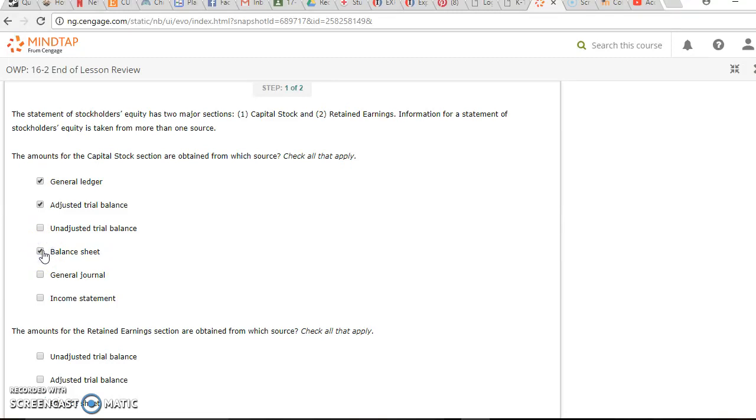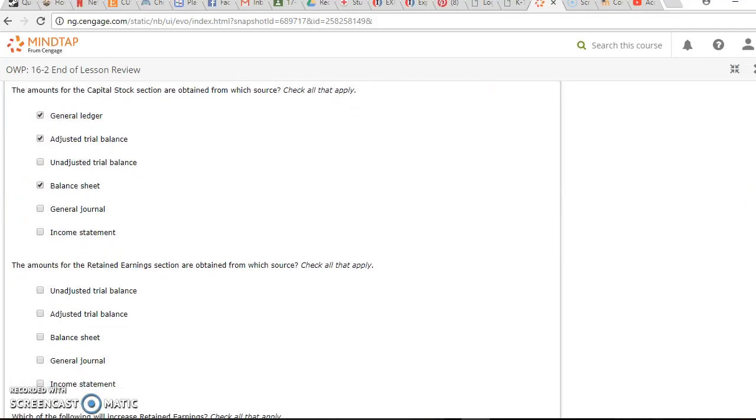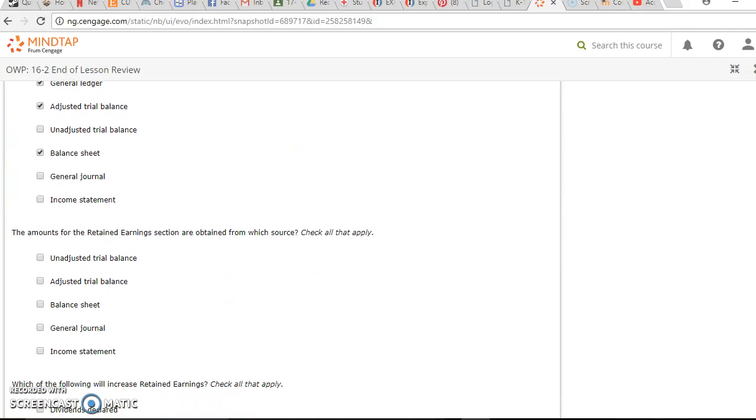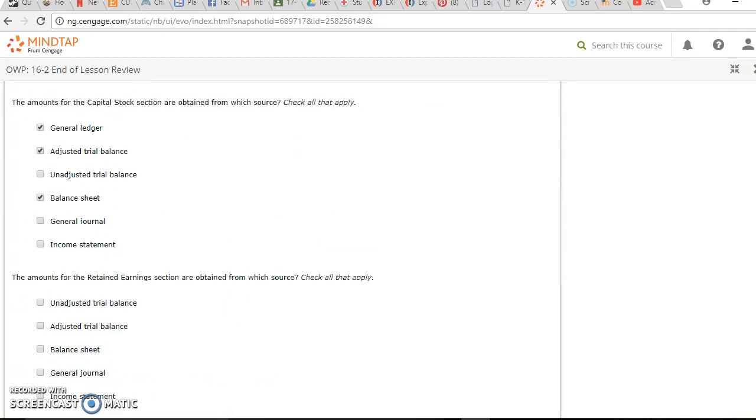Balance sheet once you're done. But that's after you're done with that, so we'll see how that goes. Unadjusted trial balance gives you the beginning balance of capital stock, so I'm going to say that. General journal, no. Income statement, no.